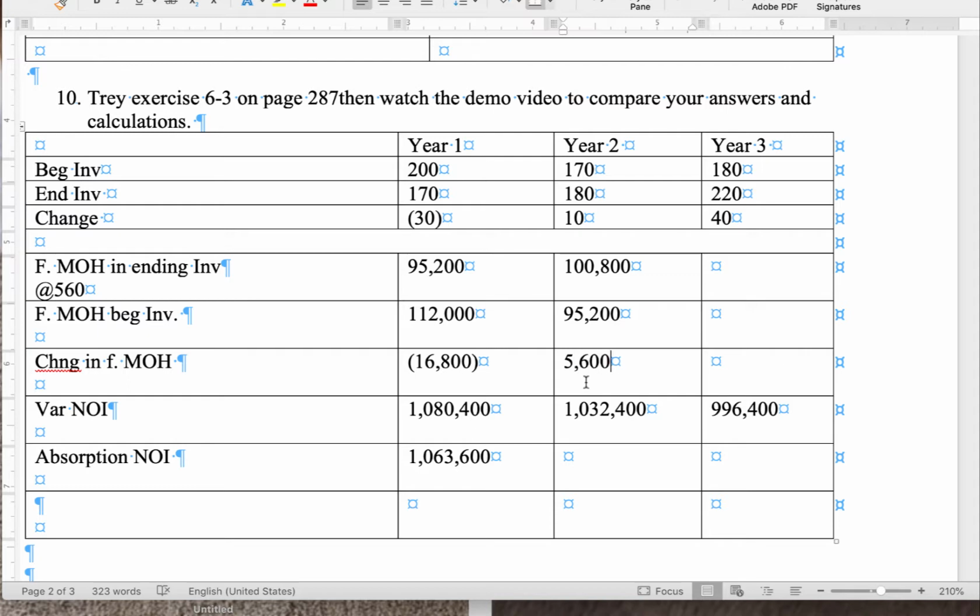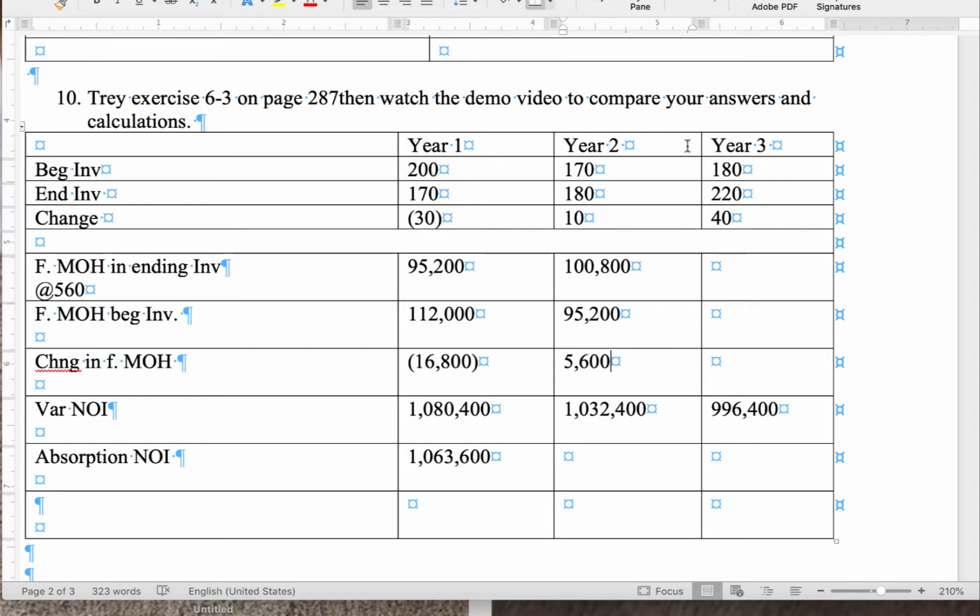What's happening? Inventory in this year is going up. If inventory goes up, my absorption costing NOI has to be higher than my variable NOI. Why? Because some fixed manufacturing overhead cost isn't being recognized in year 2 under absorption costing.